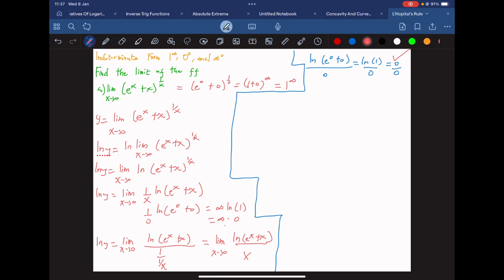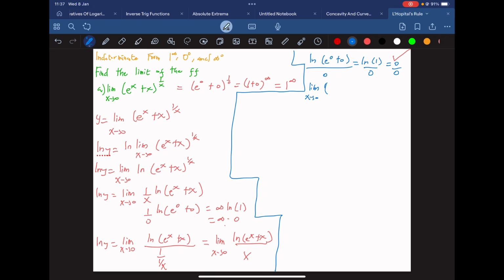So you see the basic idea: we change the indeterminate form to get what we want. Now the next thing is to differentiate the numerator and denominator. Remember, whenever you have natural log and you're differentiating, you always differentiate what is inside the parentheses first.